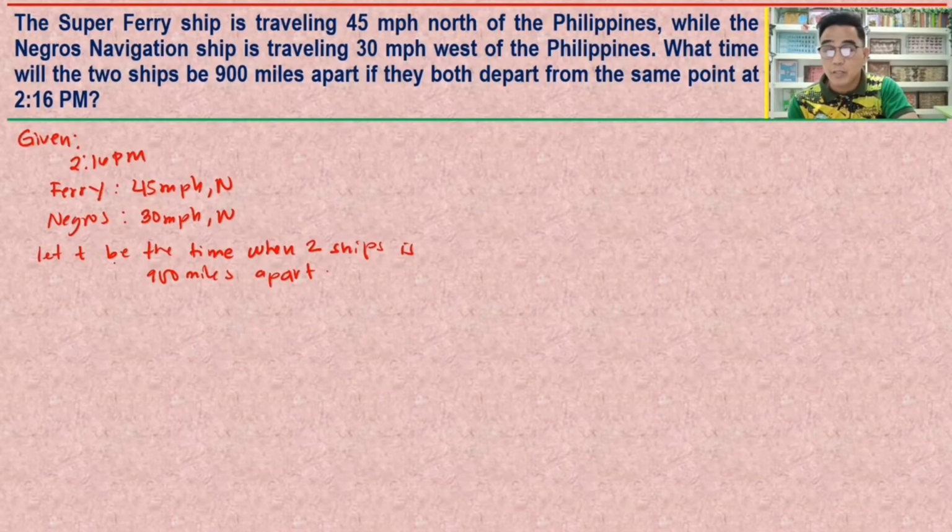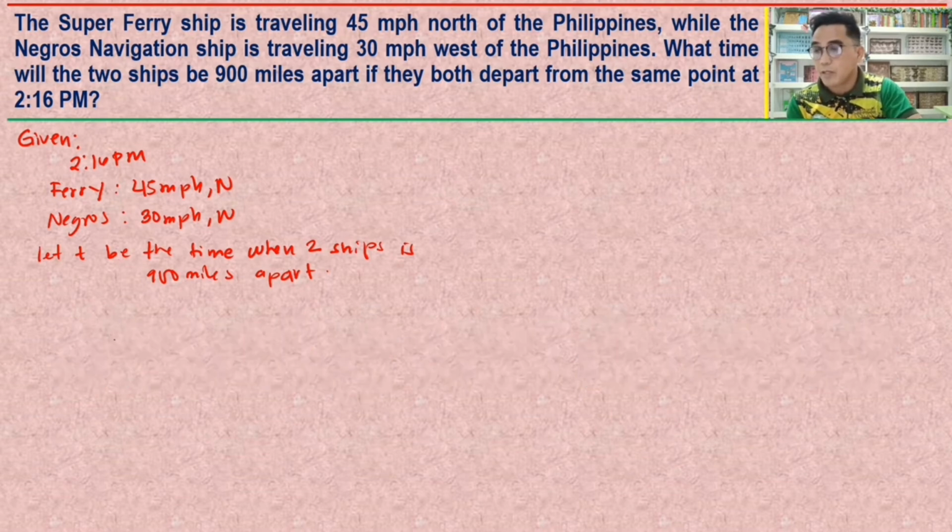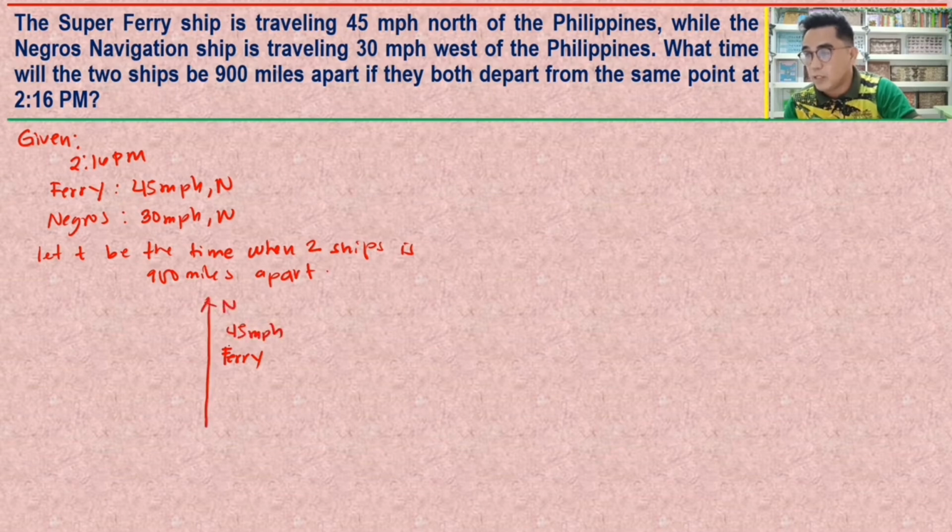Devise a plan. After evaluating and examining this problem, we come up with the best strategy, and that is using the drawing and the Pythagorean formula. We knew that Super Ferry is heading to the northern part of the Philippines with a rate of 45 miles per hour, while the Negros navigation ship is moving towards the western part of the Philippines with a rate of 30 miles per hour.